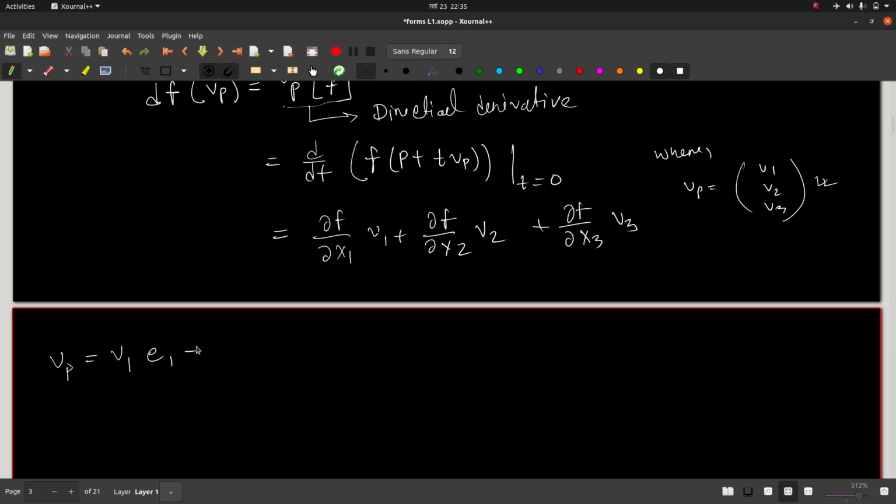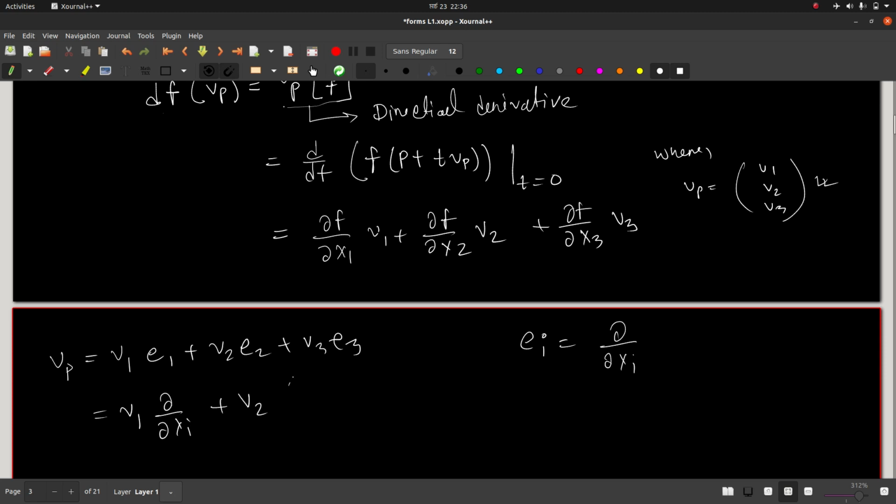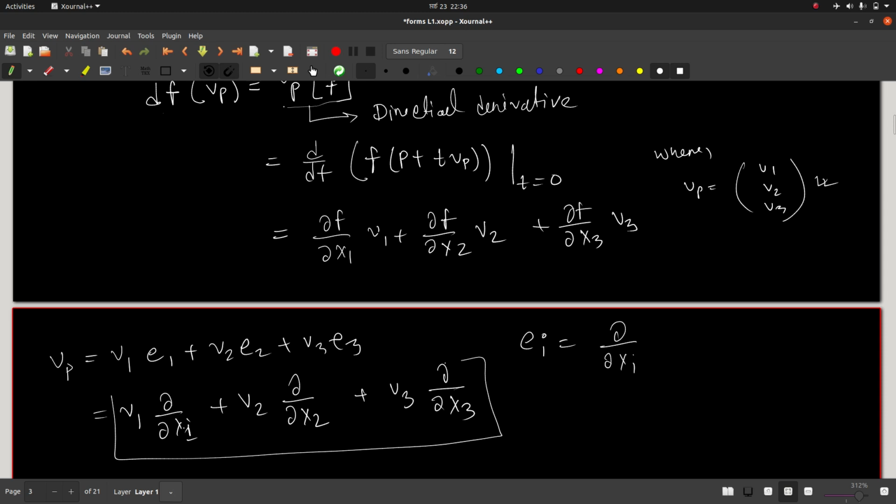It can also be written as this, right, where the e's are the basis vectors on that Cartesian coordinate. So v1 e1 plus v2 e2 plus v3 e3, but recall that e_i was given by this guy, right? So we can finally write it as v1 ∂1 plus v2 ∂2 plus v3 ∂3.